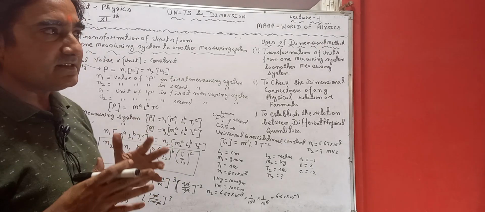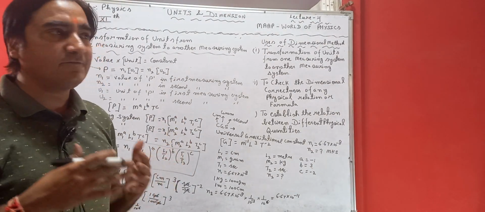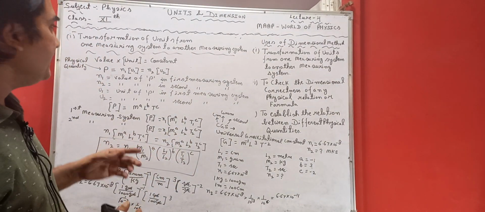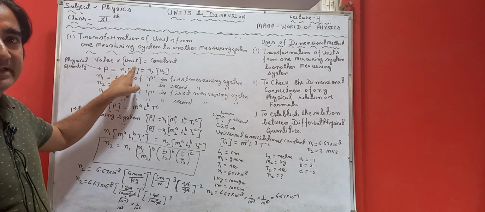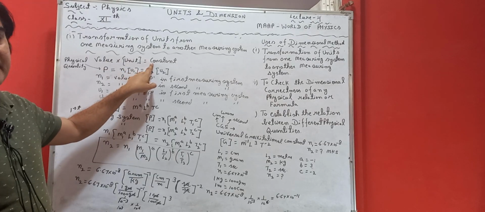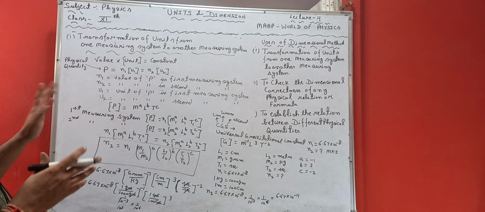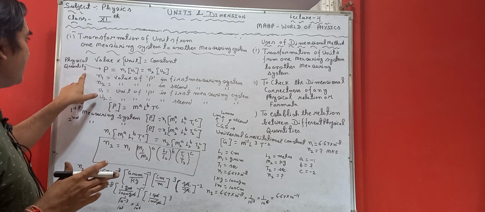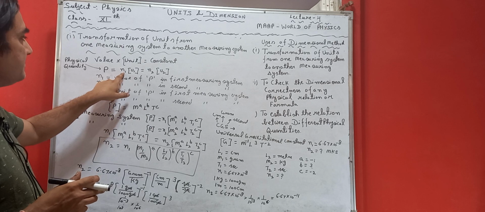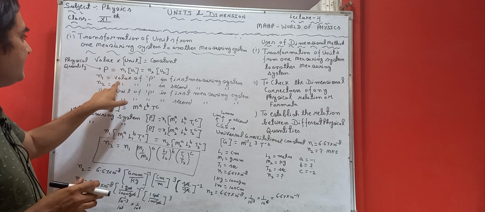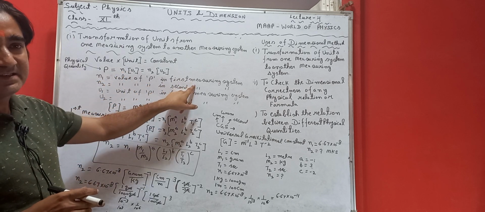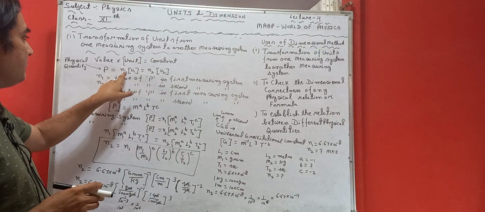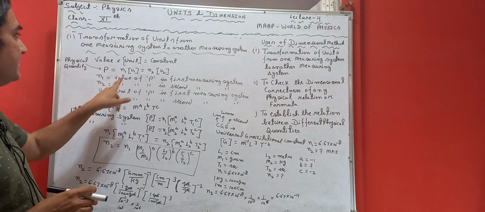It is based on the fact that for any physical quantity, its value multiplied by its unit always remains constant. Suppose P is some physical quantity. In the first measuring system, n1 is the value of that physical quantity and u1 is the unit.